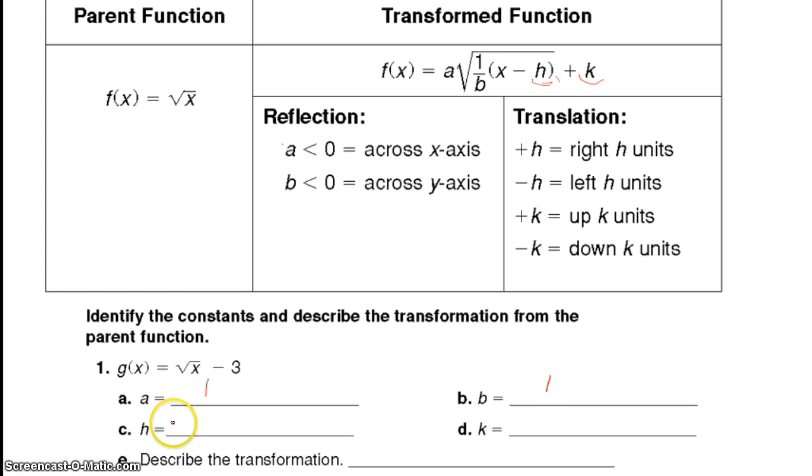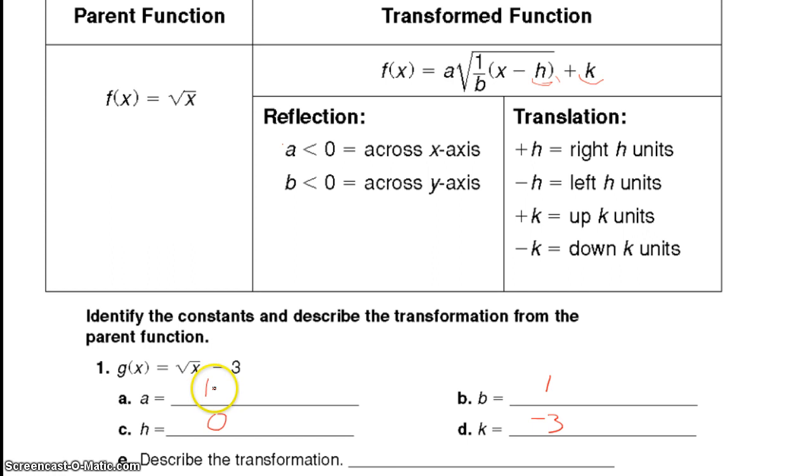And we look for our h. So we still stay underneath the radical. There is no h. Remember, we subtract that h, so this would just be 0. It is just not there. And then our k, we do have a k, and that is right here. It is a minus 3.